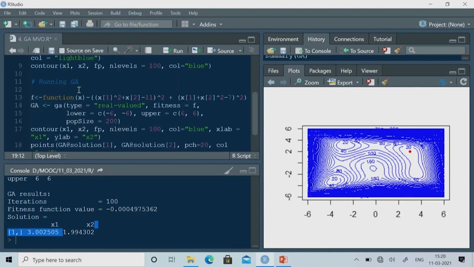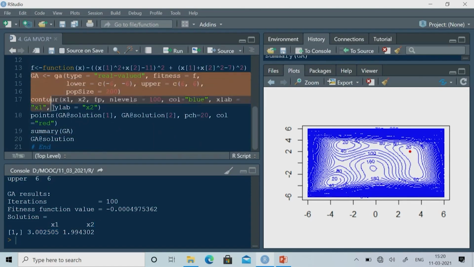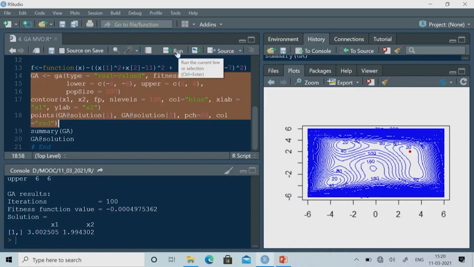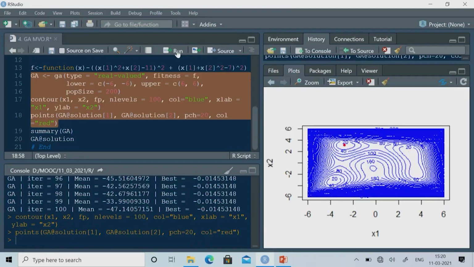Now, if I execute this one for the second time, maybe I may get this solution or I may also get the other solution. So, let us see if I execute these particular lines a second time, whether I am getting the same solution or a different solution. So, I am getting a different solution. This time you see that I got a solution in the second quadrant. So, let us run it again.